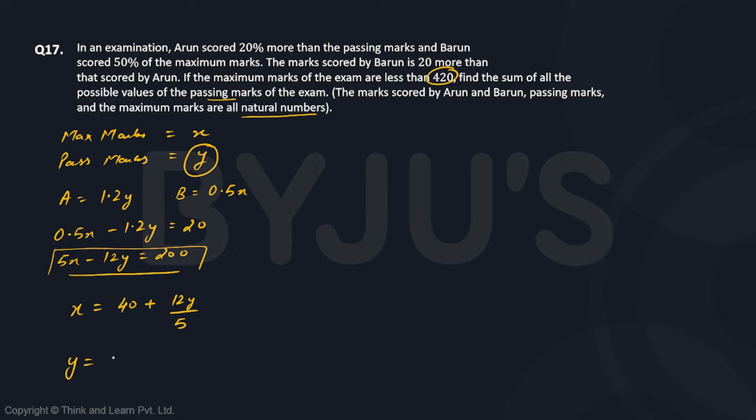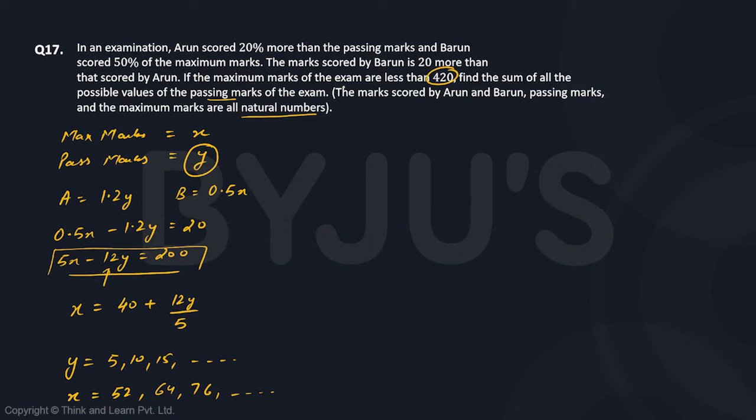Obviously a multiple of 5, it cannot be 0, so it should start from 5 and then 10, 15 and so on. Correspondingly, if I write the values of x, if y is 5, then x will be equal to 52. Also, x will keep on increasing by 12, which is the coefficient of y. This is the rule of special equations. So next values will be 64, 76 and so on. So these will be the corresponding values of x.